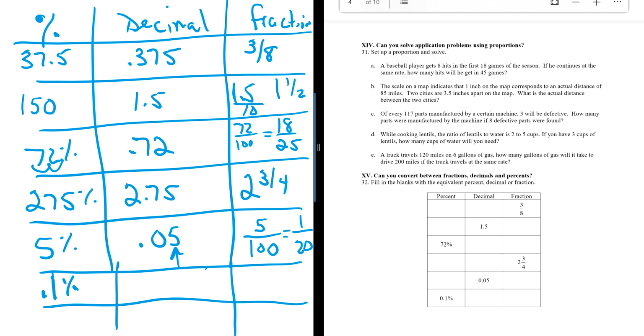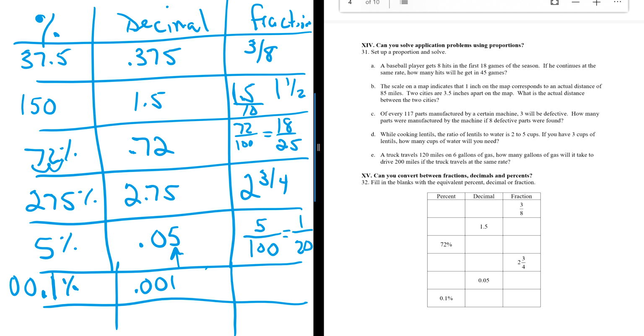And finally, this 0.1%, if I change it to a decimal, I've got to move this decimal over 2 to the left. So this is going to be 0.001, the decimal number.